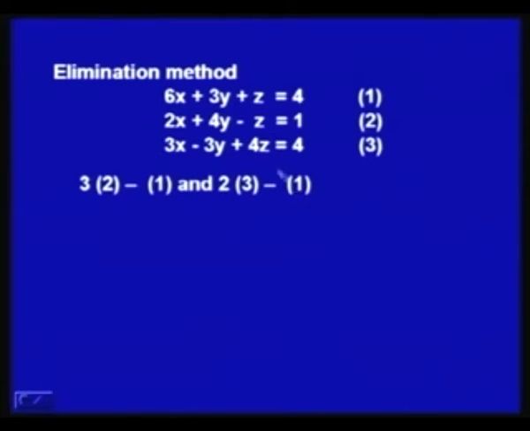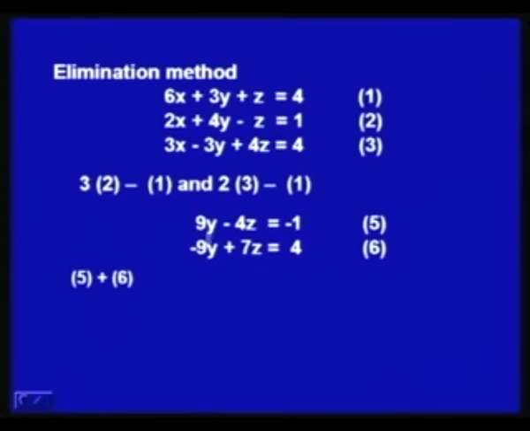The idea is that we first eliminate x from the remaining 2 equations, and what we have is a system of 2 equations in 2 unknowns. If we do this simplification, then we have 9y - 4z = -1, while the second operation gives us -9y + 7z = 4.